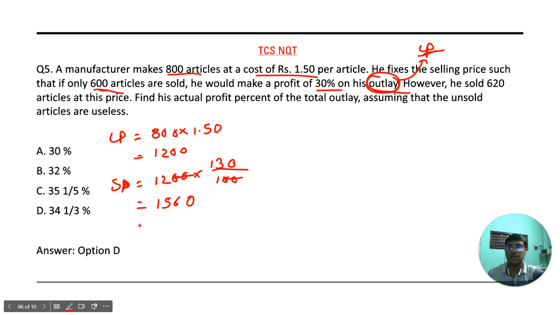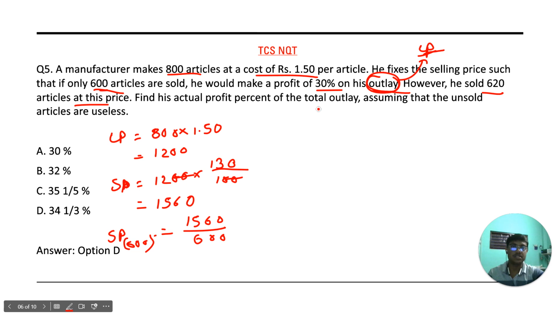Okay, now 600 articles, so the selling price for each of the 600 articles is 1560 by 600. And from here, after that, it is said, however, he sold 620 articles at this price.